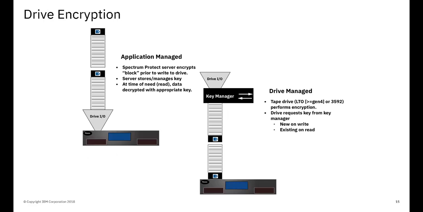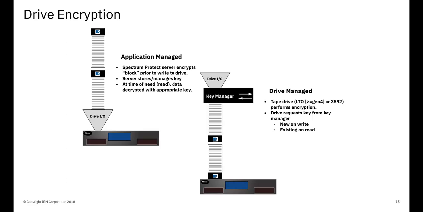When it comes to encryption, there's two types of ways to achieve encryption on tape. The first would be to have the Spectrum Protect server encrypt the data prior to writing the data out to the drive. And in this case, the Spectrum Protect server will be responsible for not only doing the encryption, but also for managing the keys. When it goes to read the data off of the tape, then it will decrypt it using the appropriate keys inside of the Spectrum Protect server.